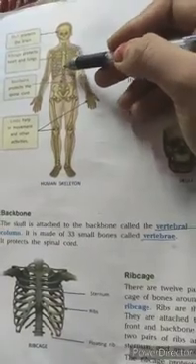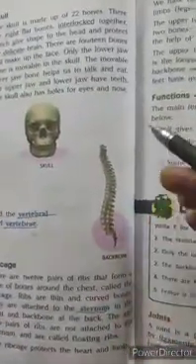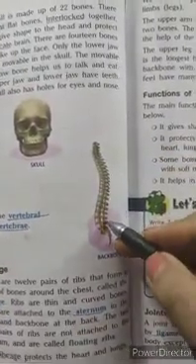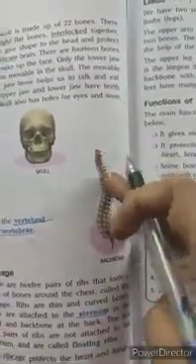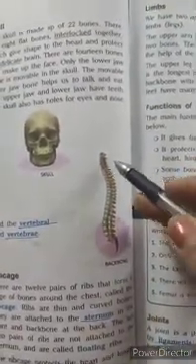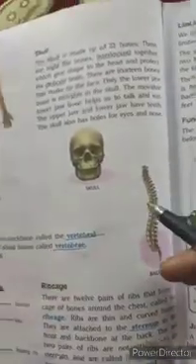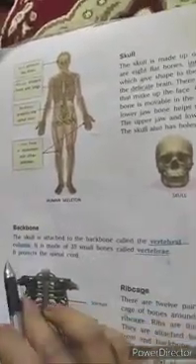The backbone is called the vertebral column. It is made up of 33 small bones. If you see the backbone diagram only, you can see the vertebral column here. This backbone is made up of 33 small bones, meaning the number of bones found in the backbone is 33, called vertebrae.